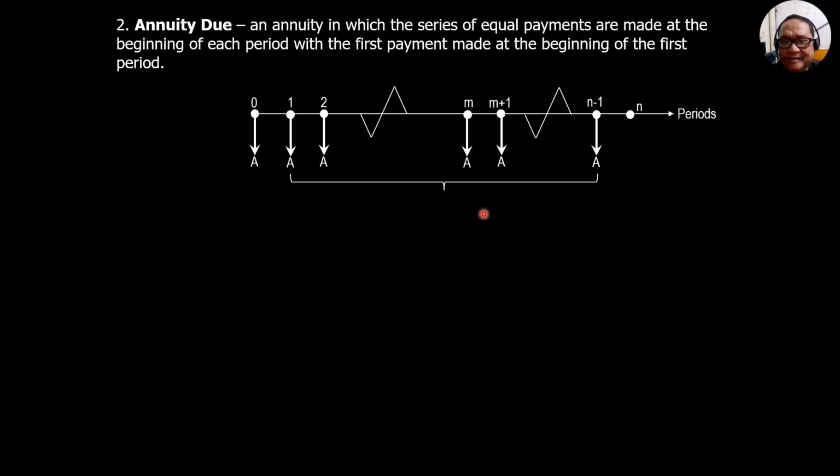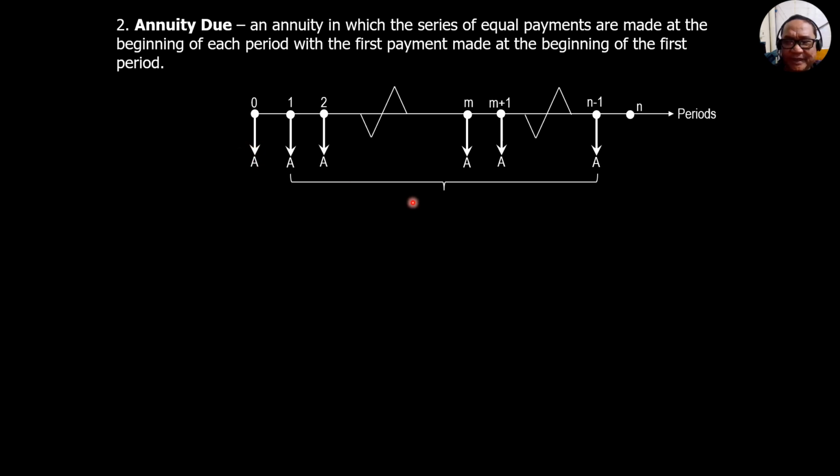And this, from the beginning of the second period up to the beginning of the n minus 1 period, if you look at this cash flow diagram, it is like the ordinary annuity. So it happens that there is already payment at the beginning.